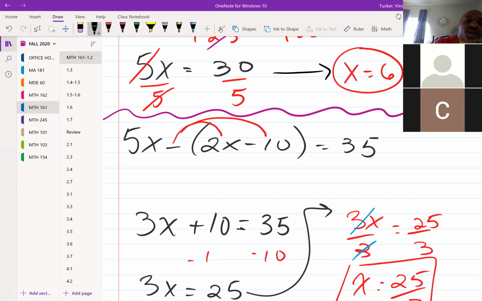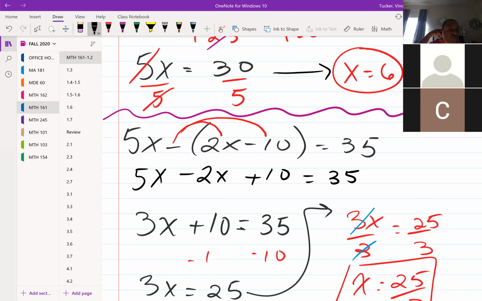So we'll distribute the minus sign to each term. That will give us 5x minus 2x plus 10 equal to 35. All it does is change the signs of each term that's inside of the parentheses. Then from there, we can combine our like terms. We have 5x minus 2x, and that gives us this 3x right here. So that gives us 3x plus 10 equal to 35.